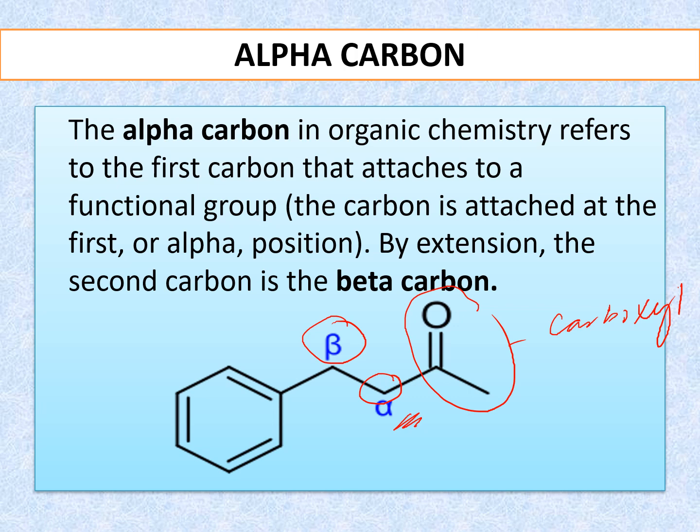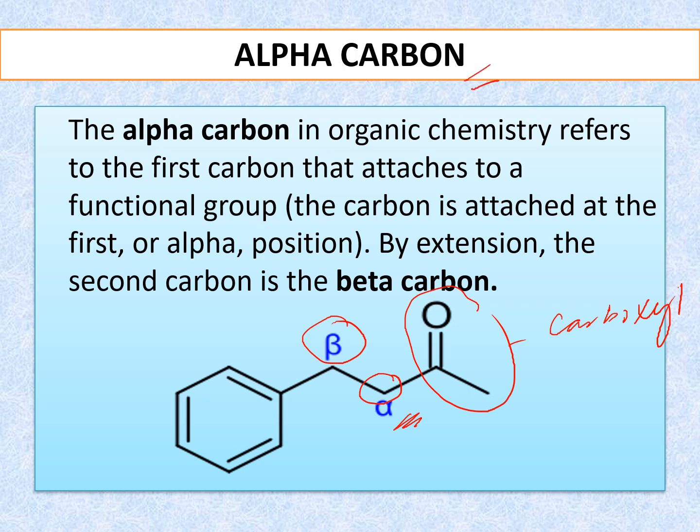We just revisited the alpha carbon because in one of the slides wherein we will be talking about the classification of amino acids, we will encounter a specific amino acid, and one of the contents of our discussion will have something to do with the alpha and beta carbon atoms.